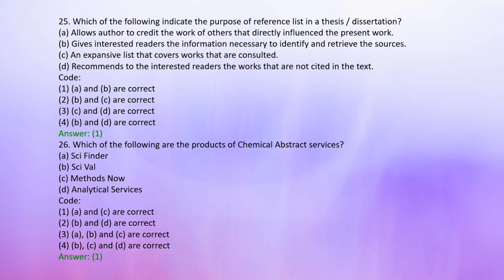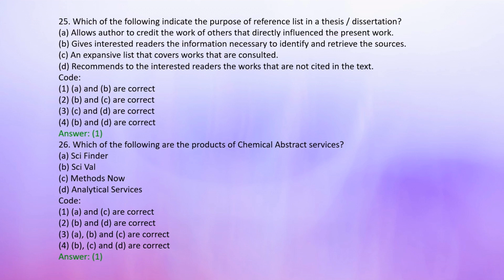And D, recommends to the interested readers the works that are not cited in the text. And codes 1, A and B are correct; 2, B and C are correct; 3, C and D are correct; and 4, B and D are correct. And correct answer is 1, A and B are correct.